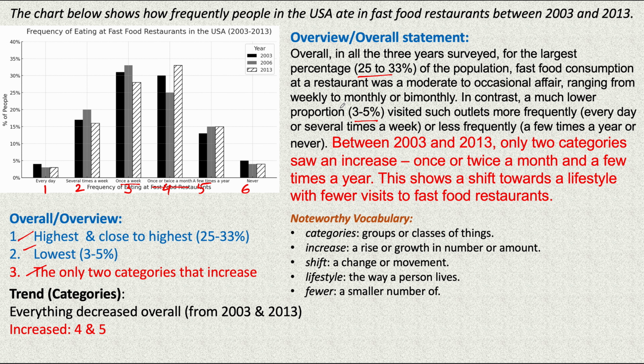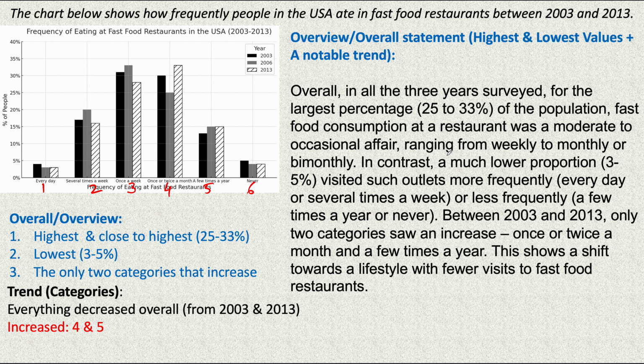So I'm putting the figures and names of the categories in brackets or using a dash so that I don't have to repeat the whole thing again in the body paragraphs, because it is important to give some figures in our writing response. So this is the final overall statement we have, which mentions the highest and lowest values and a notable trend.